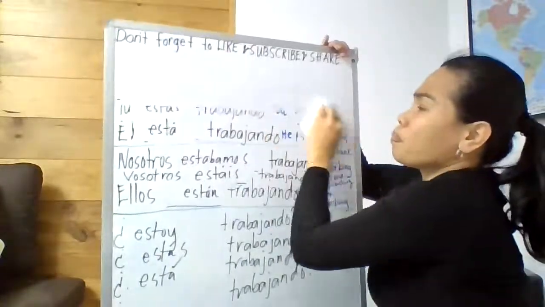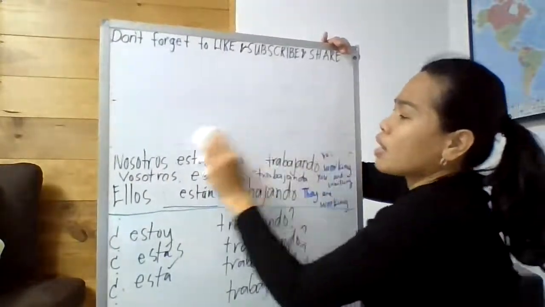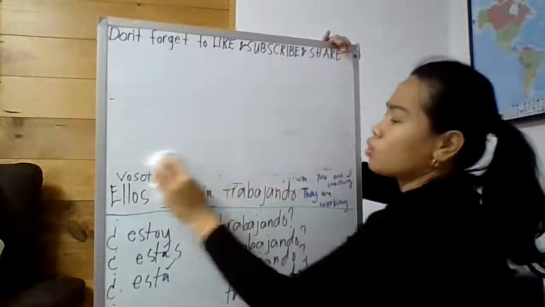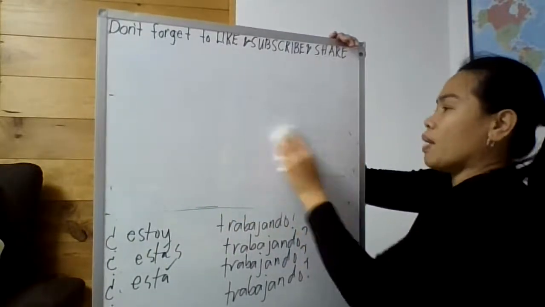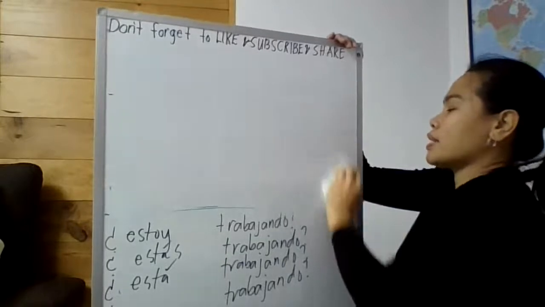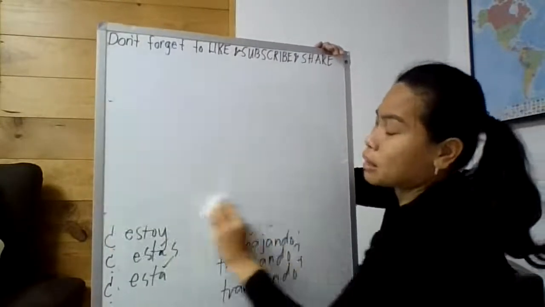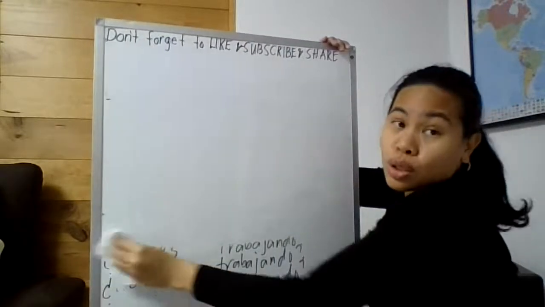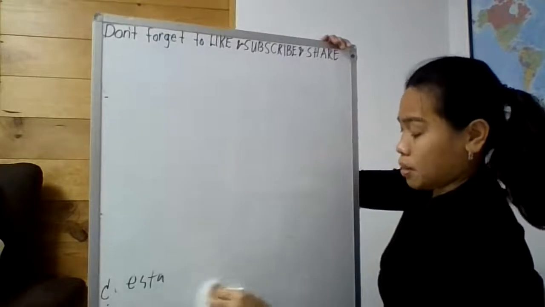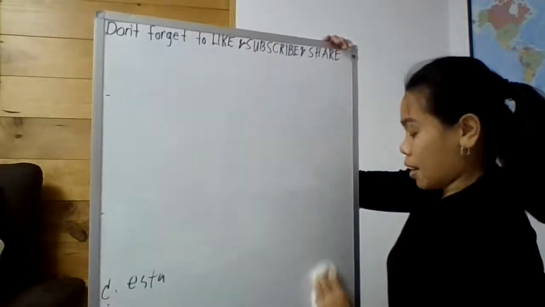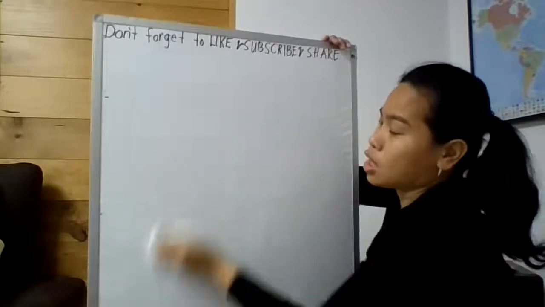Practice mo lang yung yo estaba, tú estabas, él estaba, nosotros estábamos, tapos magdadagdag ka lang ng another verb, para masanay ka. Tapos gamitin mo siya as affirmativo, tapos interrogativas, in question forms, para mas ma-practice mo siya.